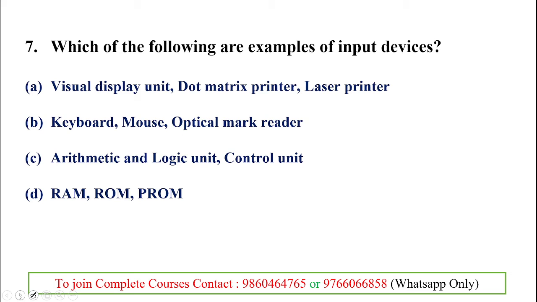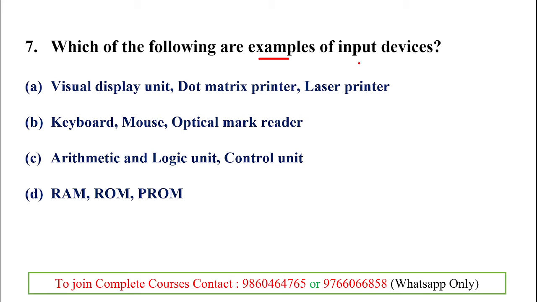And then, which of the following are examples of input devices? Here you can see various options, all related to the computer. Input devices are the devices that support the computer.